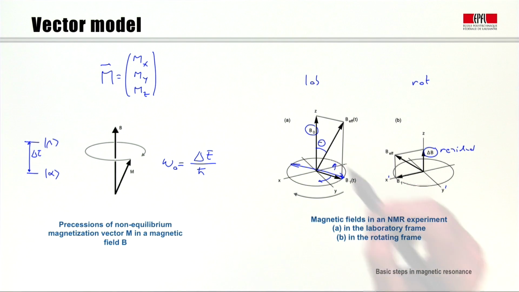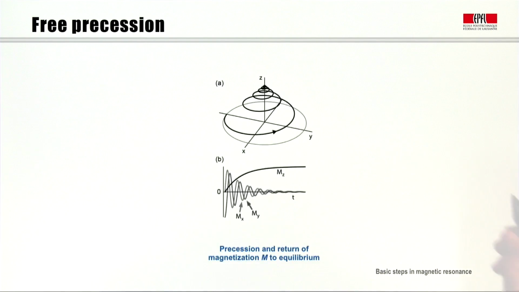In fact, the effective field is almost parallel to the z-axis, whereas in this case, this angle can be easily made 90 degrees. We achieve that by adjusting the frequency of the rotation so that the residual delta B field disappears.